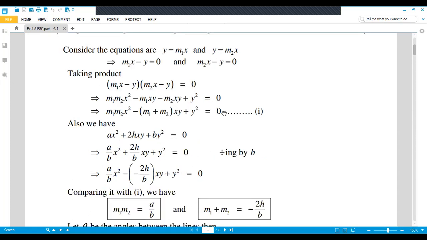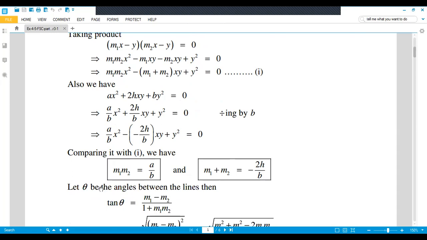Now if you compare this equation with the first one, the x square coefficient here is m1 m2, and here the x square coefficient is a over b. So m1 into m2 is a over b and m1 plus m2 is minus 2h over b. Let theta be the angle between the lines.